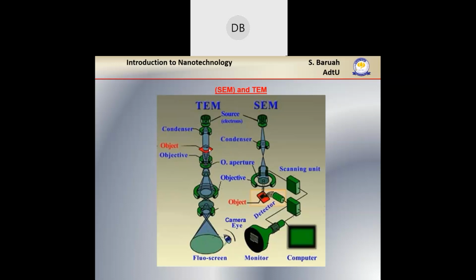Depending upon the intensity of the electrical field, that means the potential difference between the electron source, which we call the cathode, and the positive terminal, the anode, the velocity of the electrons will be different.